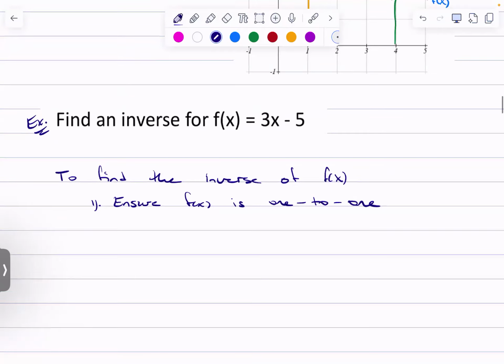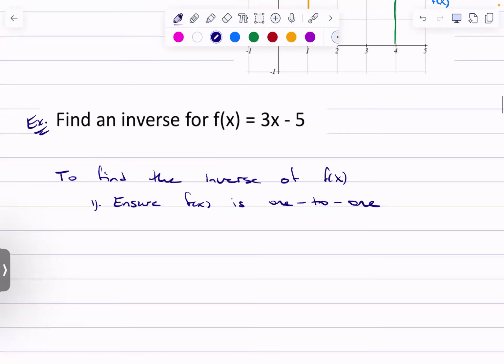And so the first thing I want to do is replace f of x with y. Just makes it easier to look at. In this case, that means y equals 3x minus 5. Oh, that's an easy step.